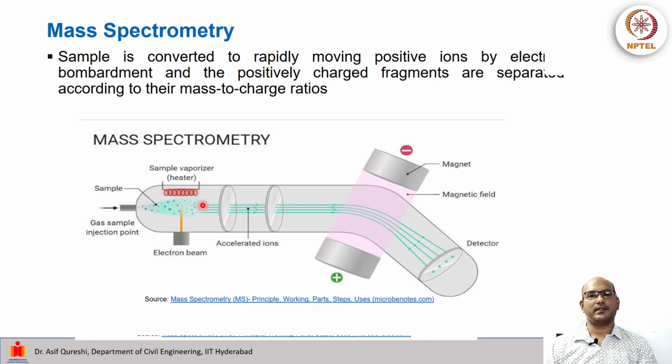This is accelerated, and in the presence of a magnetic field, they are separated according to their mass to charge ratios. Given the same charge, the heavier atom will be deflected less compared to the lighter atom, which will be deflected more if all of them are at the same charge. So the separation is basically dependent on the mass to charge.